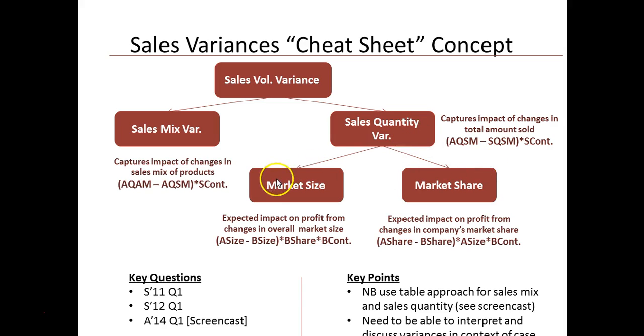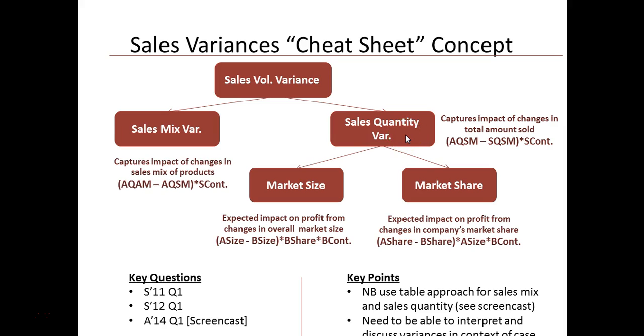And again, for other questions, you may subdivide that further into market size and market share. But all we're really worried about is sales price, which again is a very basic one from CAP1, sales volume, and splitting it down, that's sales volume into sales mix and sales quantity.